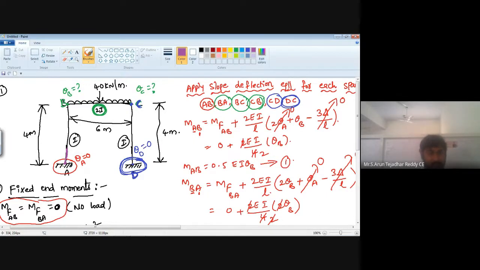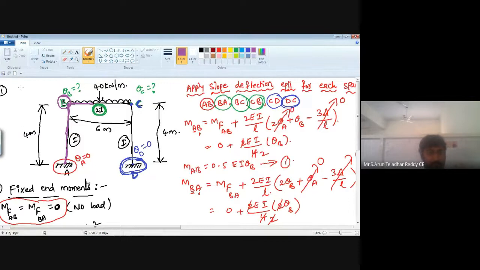Now if you take point B, one member B to A is acting, as well as the other member B to C. It means two members meet at one point, so here B is the joint.